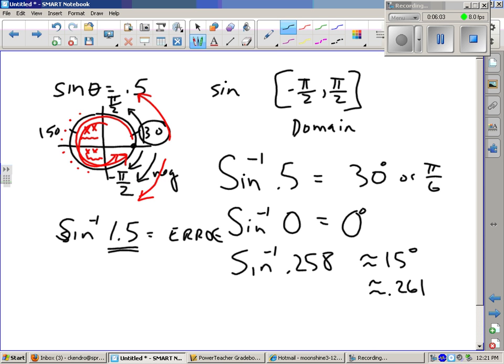Now in the book, sometimes there's an old-fashioned way to write this, and it's called arc sine. These two things mean the exact same thing. Arc sine is the same as capital S, and they do use capital A as well. So those mean the exact same thing. So let's do a couple more examples here.